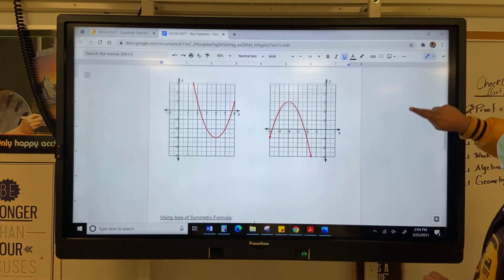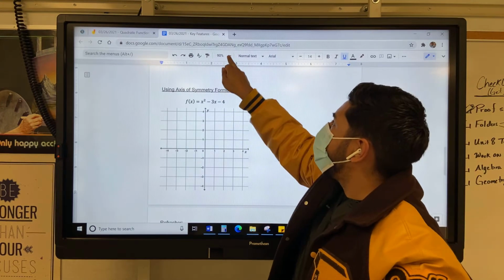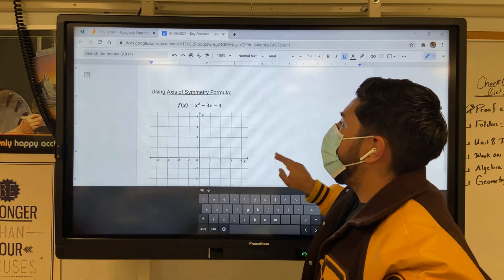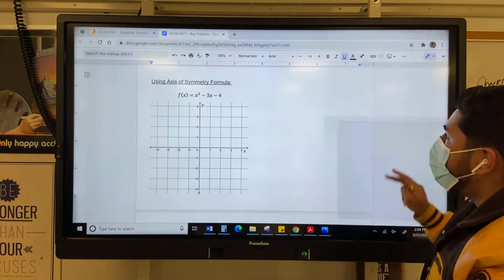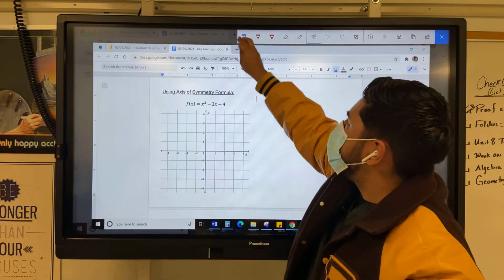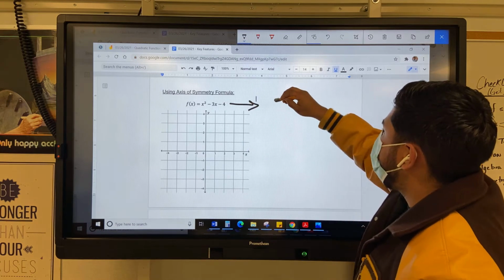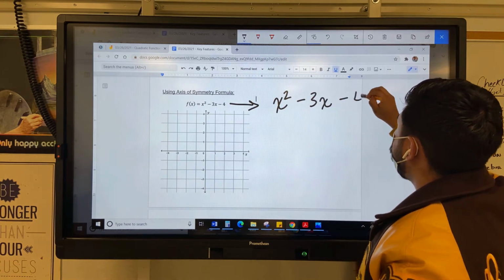All right, next part. This is just in case you ever come across a problem like, oh shoot, I don't have a parabola. Can I solve this on my own? Yes, you can. First, we're going to solve for the axis of symmetry equation. So we got x squared minus 3x minus 4.